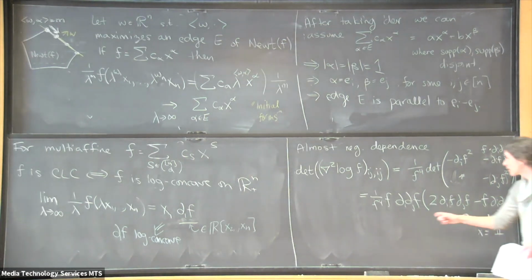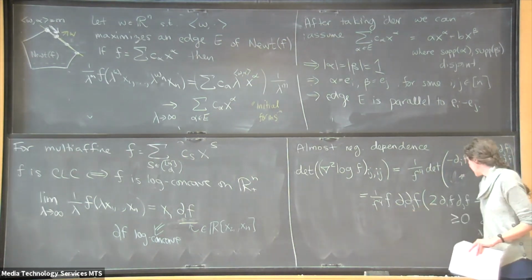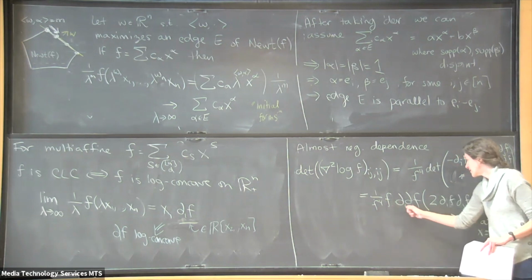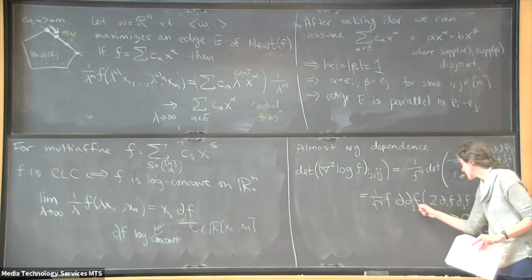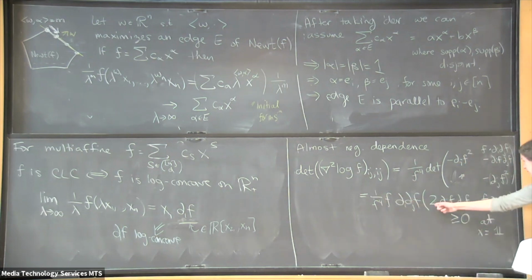And so what does that tell me? These are all polynomials with non-negative coefficients, so these are all positive. And what that tells me is that this polynomial also has to be non-negative when evaluated at the all ones vector.